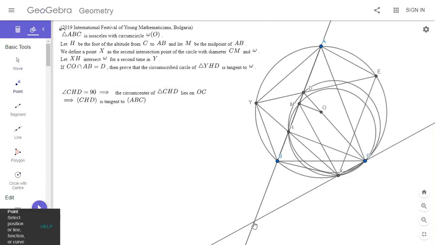So if we let CX meet AB at a point F, can we show that A, H, B, and F are in harmonic conjugation?